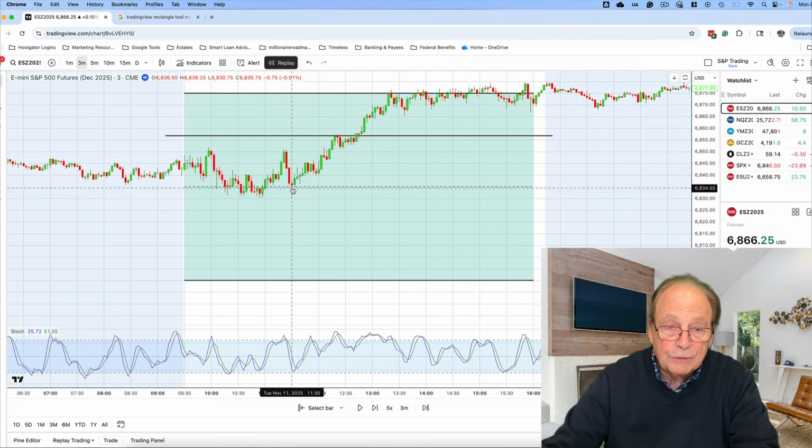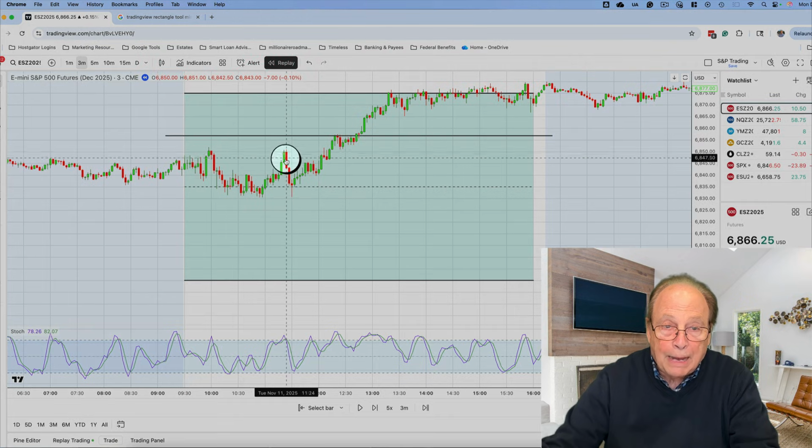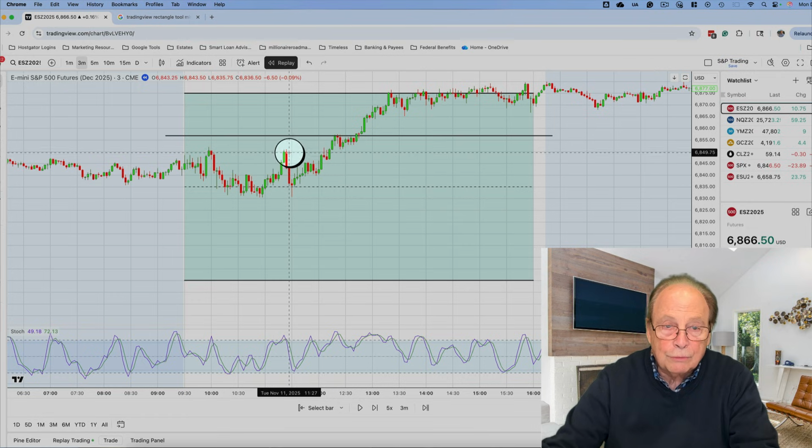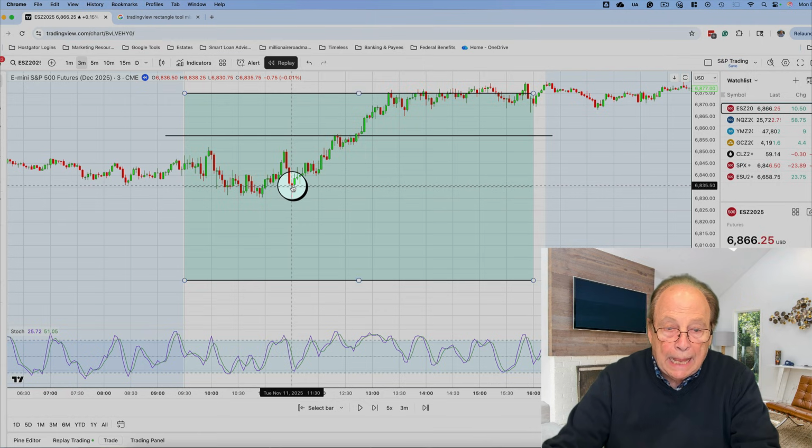You see this hammer comes at the bottom of a decline. There are 5 points between each horizontal line on this chart. So this is a decline of 5, 10, 15, 20 points, and then the market came back up. And notice something else.